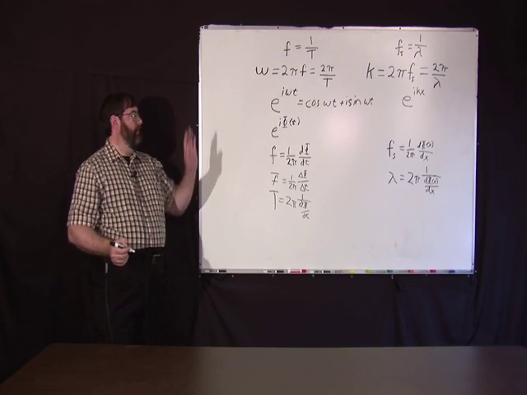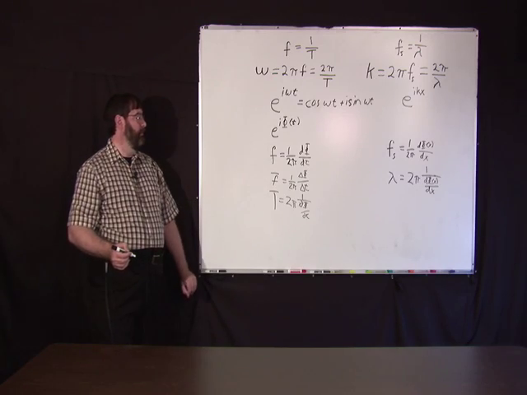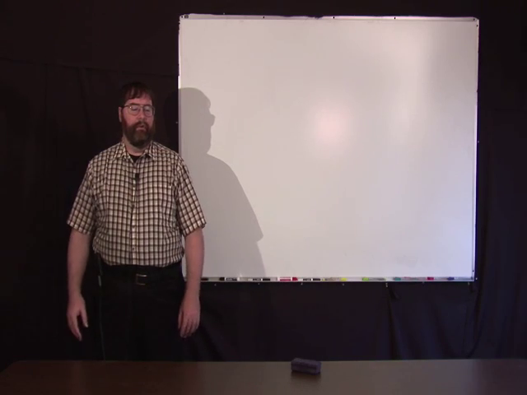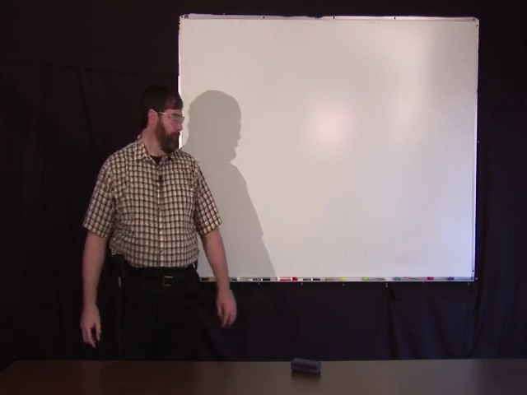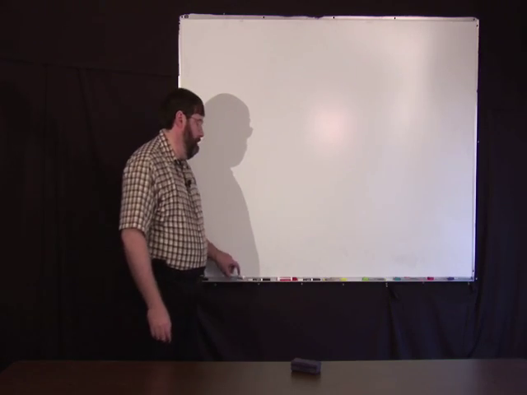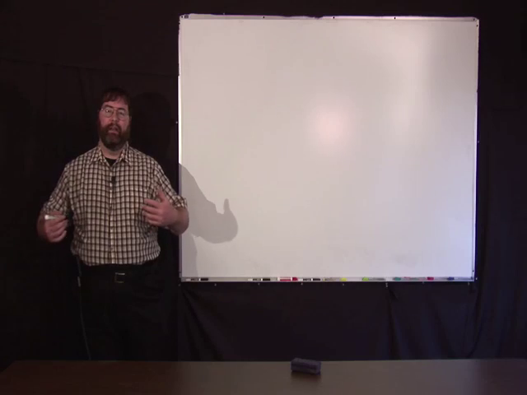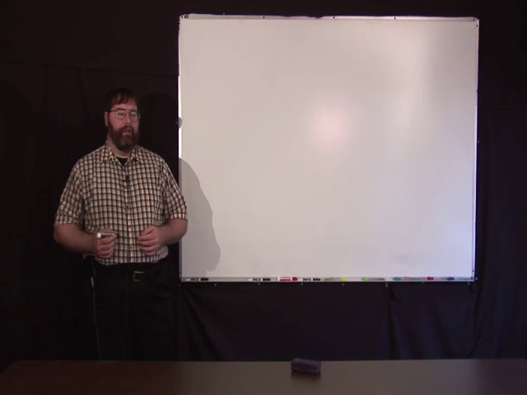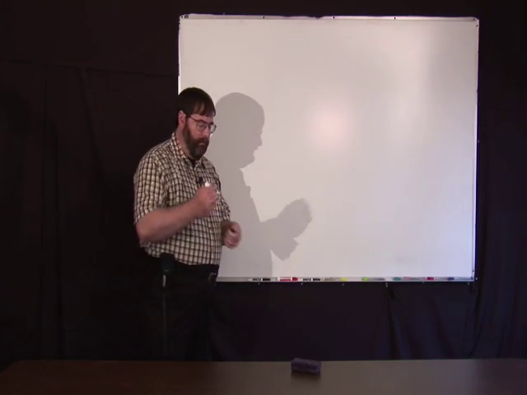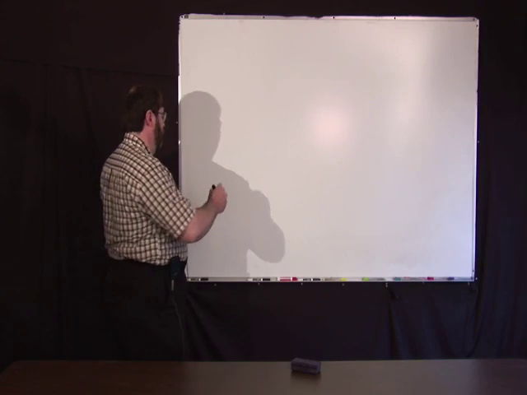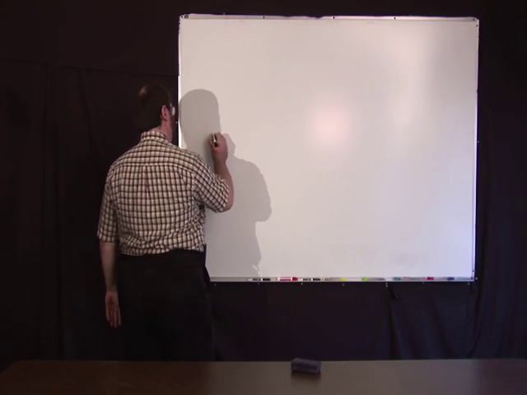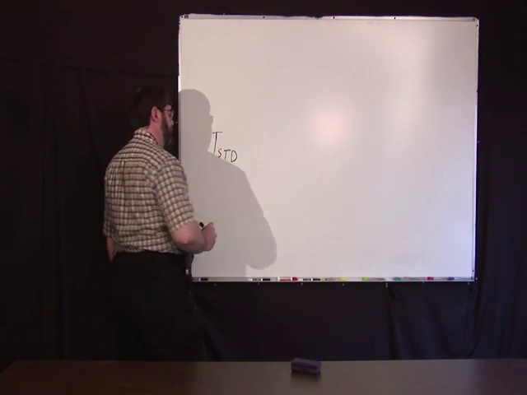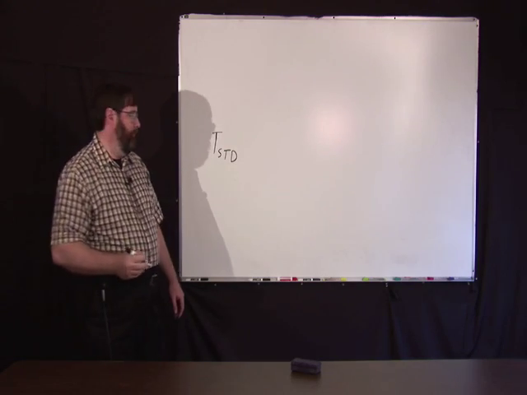Now, that's pretty much a review of what we did last week. There's one more loose end that we need to tie up from last week. I had mentioned that you could measure the frequency by counting pulses. Let's say that you have some standard that's putting out some pulses at some period t standard, and you start counting pulses.